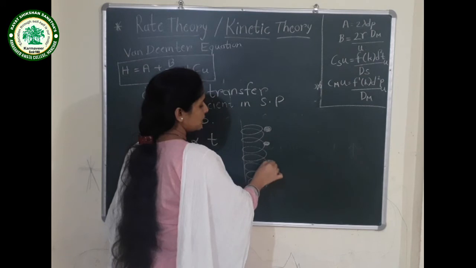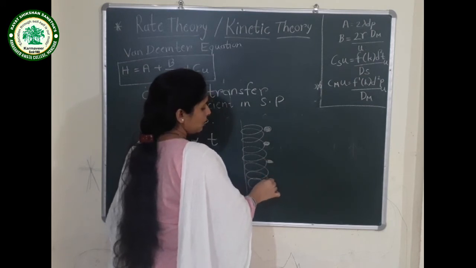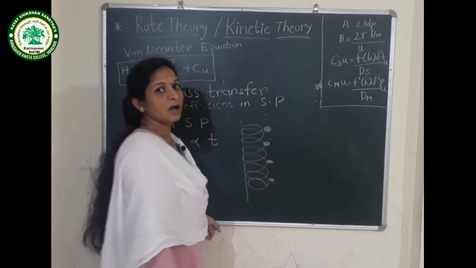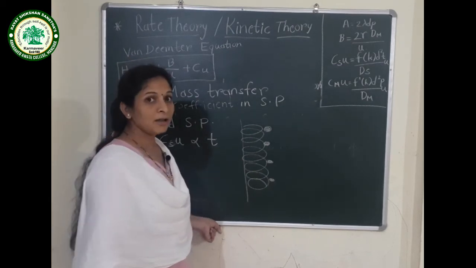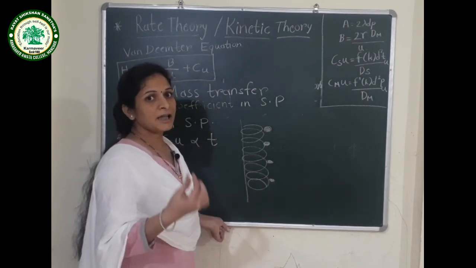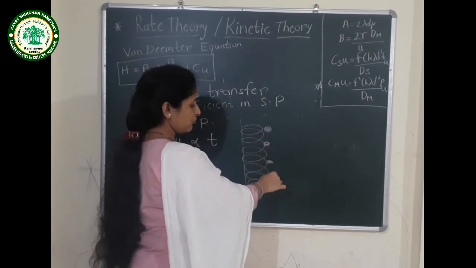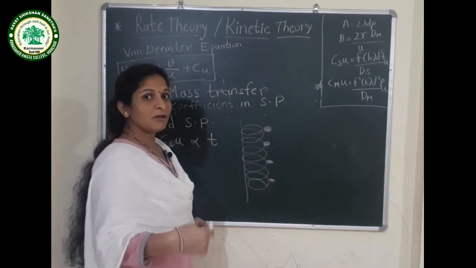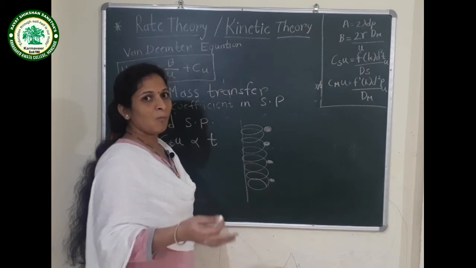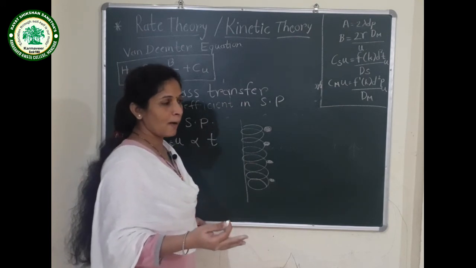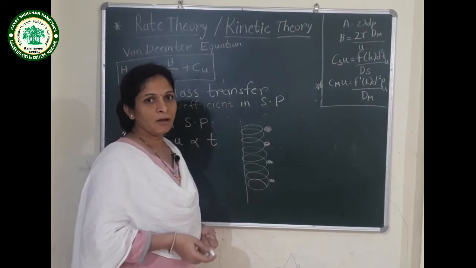If these components have a strong affinity with the mobile phase and the least affinity with the stationary phase, what will happen? They will come faster with the mobile phase, they will flow with the mobile phase, then elution will be faster.